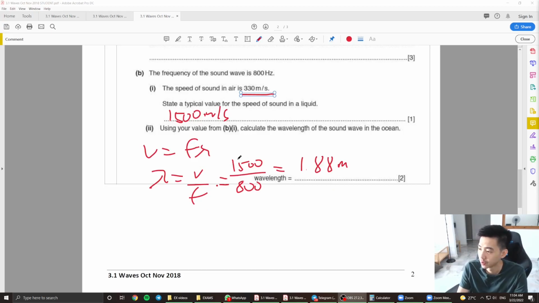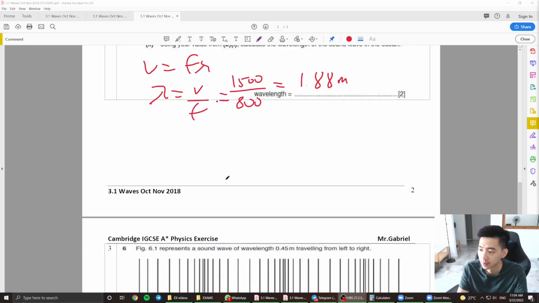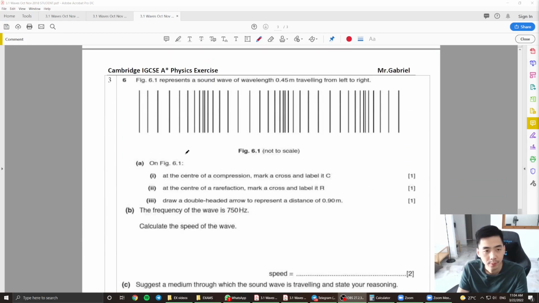Okay, then moving on to the final part here. Figure 6.1 represents a sound wave of wavelength 0.45 meters traveling from left to right. So if it's 0.45, compression to compression is considered 0.45. Another compression to compression is 0.45.